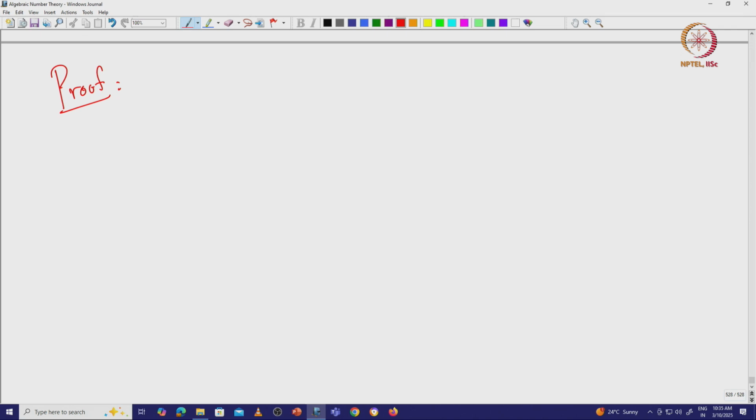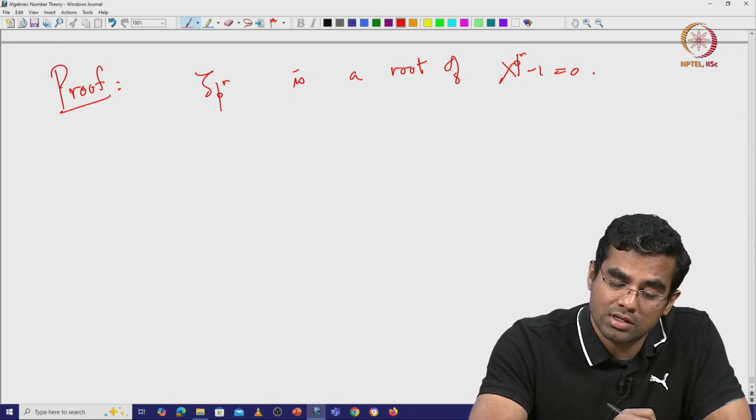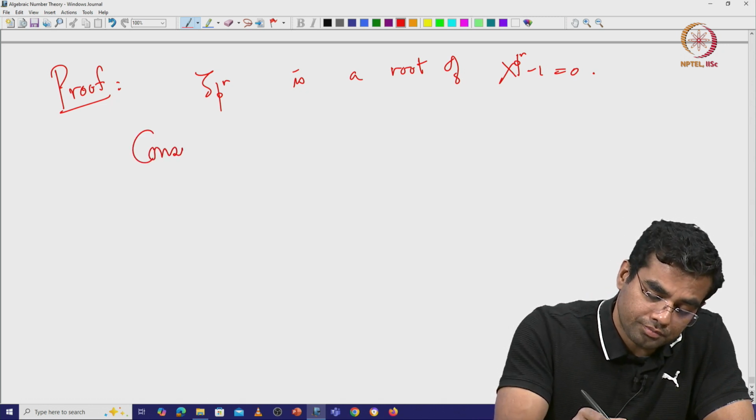So first of all, we know that zeta_{p^r} is a root of x^{p^r} - 1 = 0, but you can in fact write down a polynomial of smaller degree whose root is zeta_{p^r}.